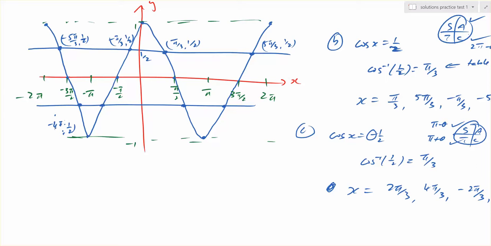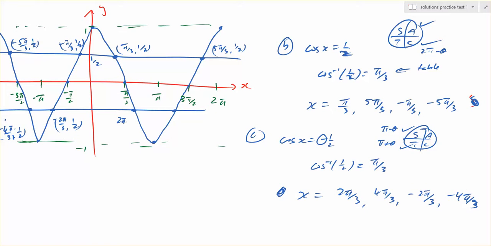Negative 4 pi over 3, a half. Negative 2 pi over 3, a half. 2 pi over 3, a half. And 4 pi over 3, a half.